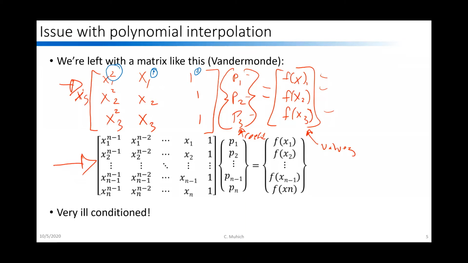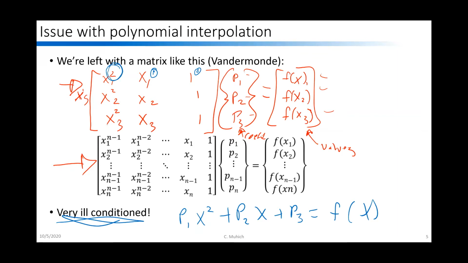This is going to give us a very ill-conditioned matrix, right? Even though it will give us the desired result of P1 x squared plus P2 x plus P3 equals our f of x, right? So that's what we want. But the issue is this is very ill-conditioned, because now all of a sudden I have these squared terms in relationship to these 1s, right?